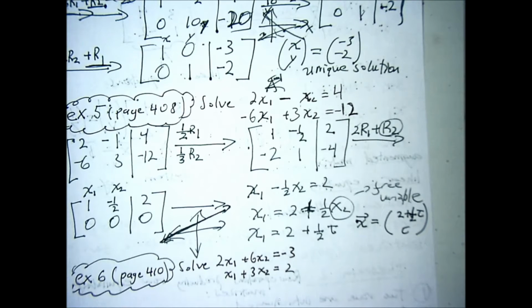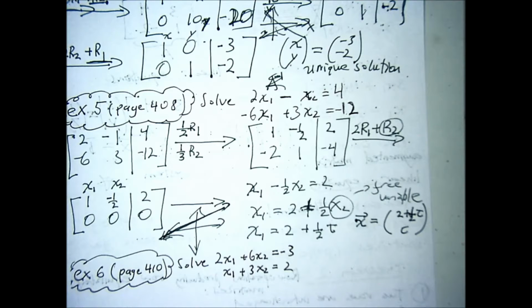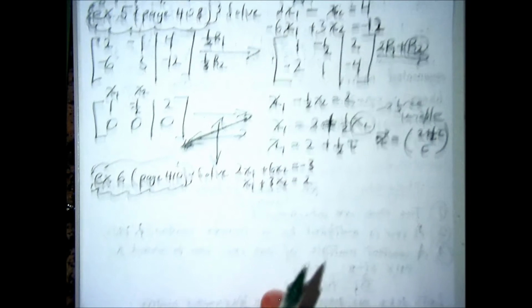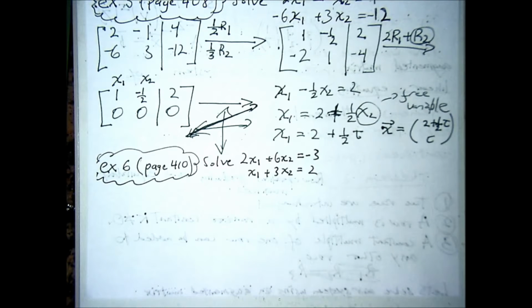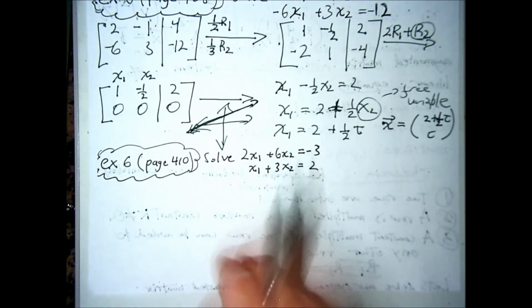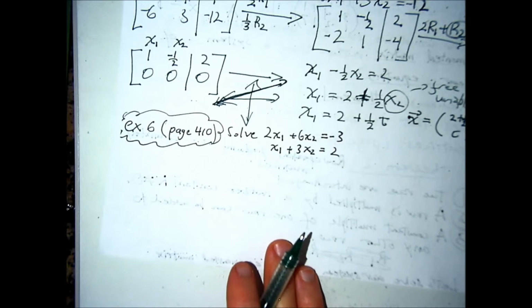I guess maybe it's not time to be writing stuff like that yet, but that's the idea: you don't just have one point as a solution like we do up here. We now have a whole line of solutions because they're overlapping. They're the same line.